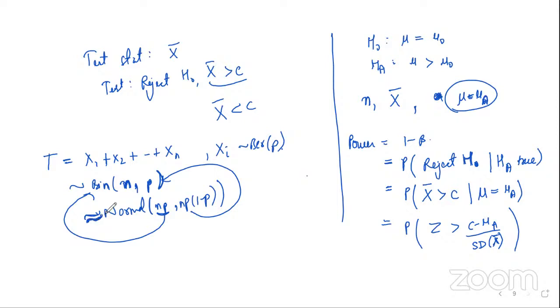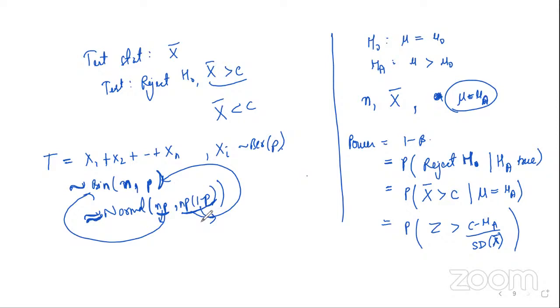When n is larger, we can approximate this binomial by a normal distribution with mean np and variance np times 1 minus p. This is what we mean by normal approximation.